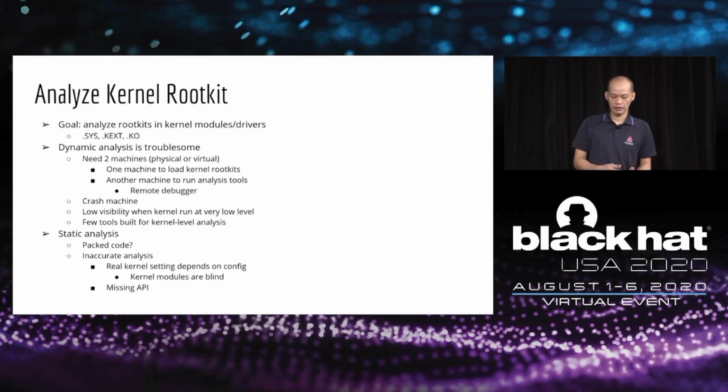First of all, a kernel rootkit can be packed, and in that case, a static analysis tool cannot recognize it. And actually, kernel rootkit functions depend on the kernel settings, and most of the time, kernel drivers do not have the settings. So static analysis tools cannot decode and recognize the kernel rootkit very well.